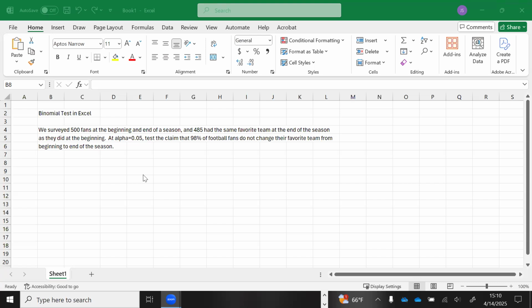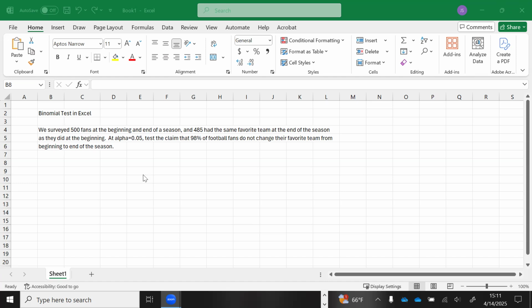So typically what one would do is approximate the binomial distribution with the normal distribution and then do the test. But this binomial test is basically built into Excel. As we wrap everything up at the end, we'll see that it's really just a one-step process. So let's jump into it.